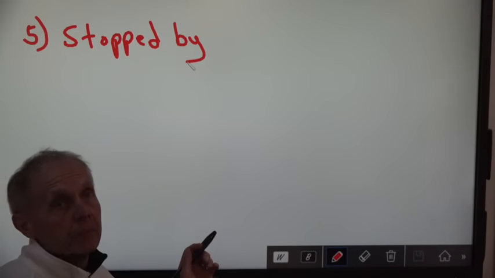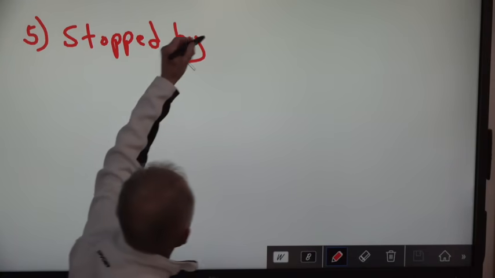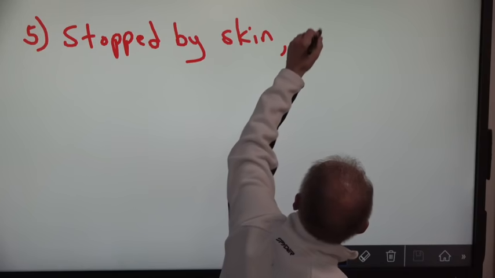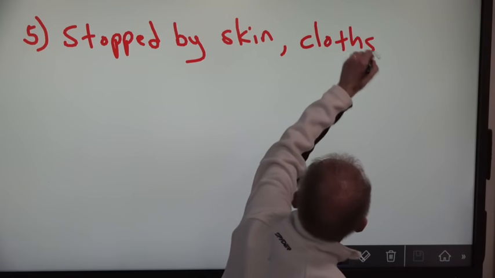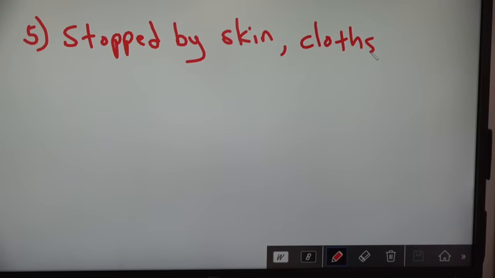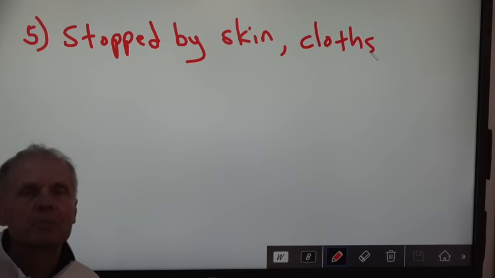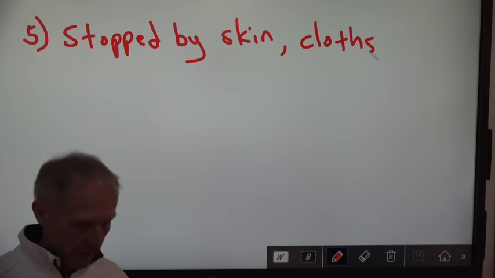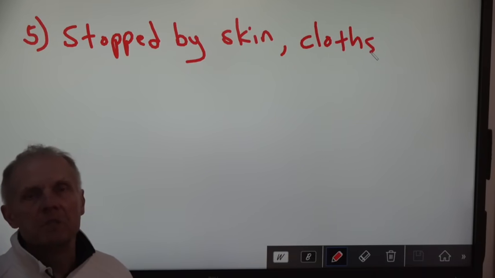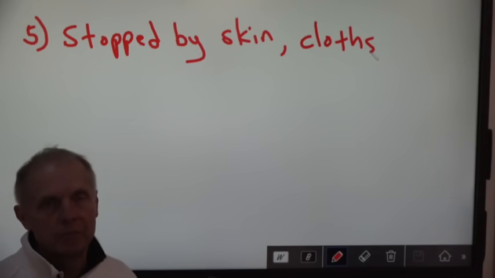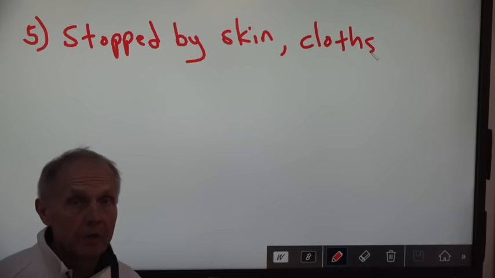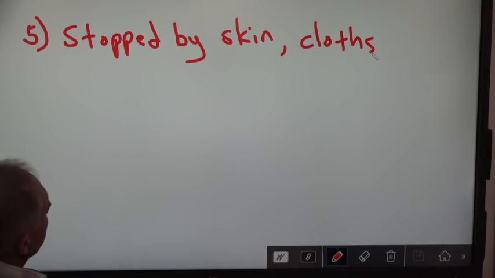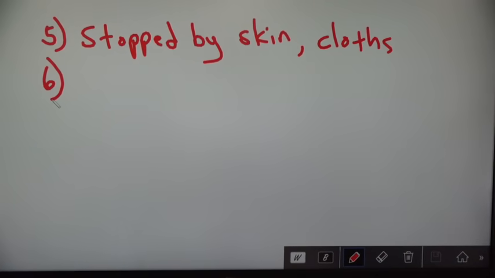Number 5 is they can be stopped by skin or clothes. So they don't have very much penetrating power. So if I held an alpha emitter like this, chances are it wouldn't do very much to the person. But I have a story coming up later on about alpha particles and my sister. Okay, so stopped by skin or clothes.